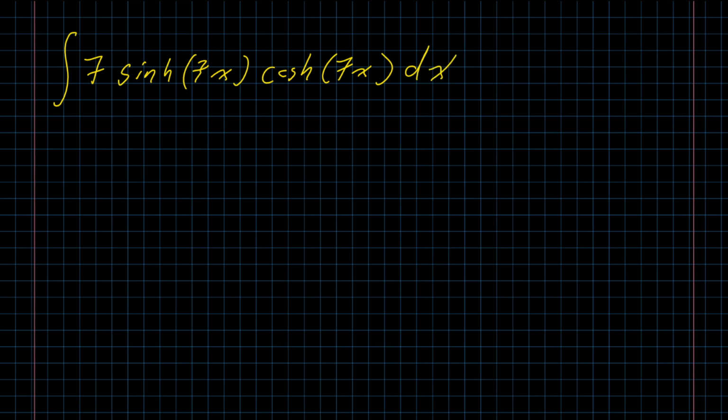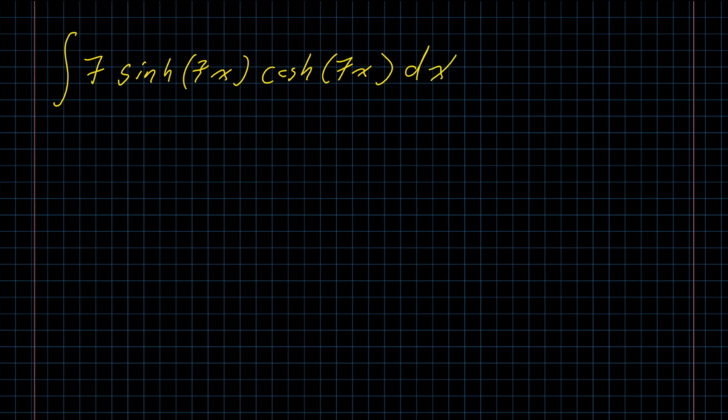I know I'm going through these relatively quickly, but the process of derivatives and integrals should be old hat for you. This shouldn't be a challenge, except this next one will be. What if I want to take the integral of 7 times sinh of 7x times cosh of 7x dx?